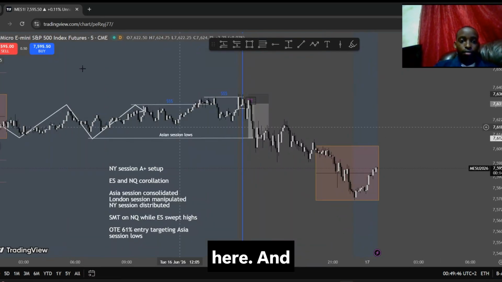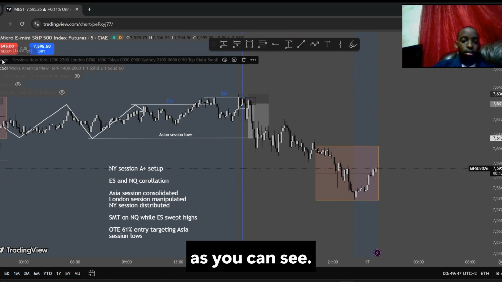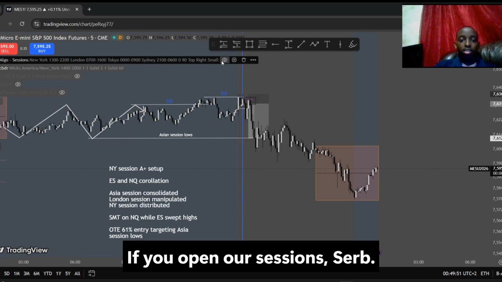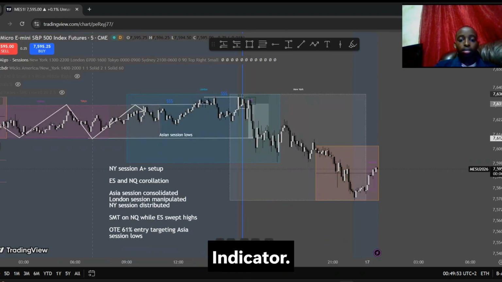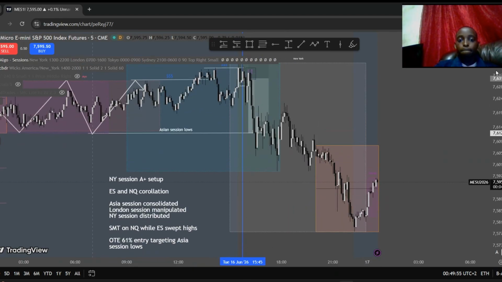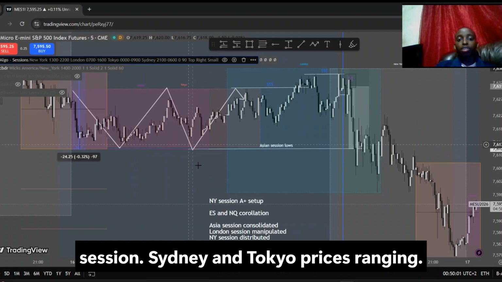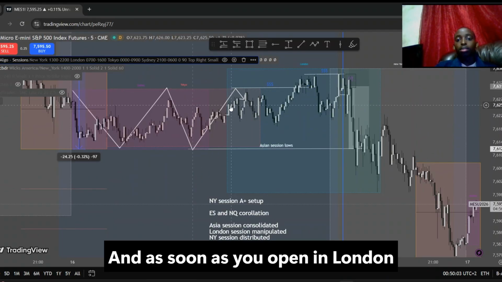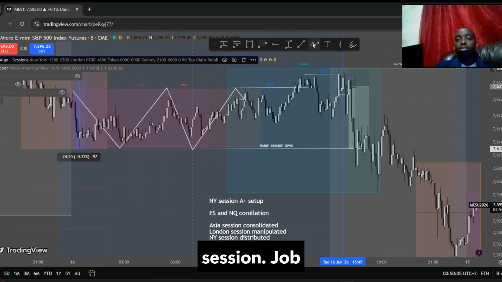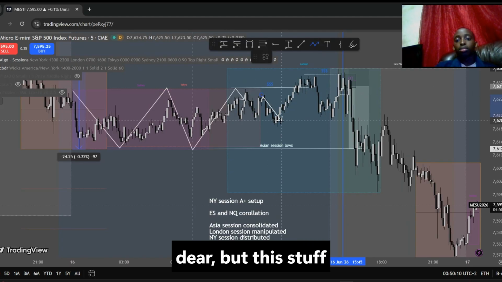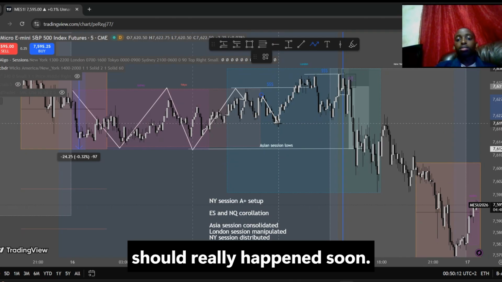As you can see, if you open our session tab indicator, you can see that this is the Asian session, Sydney and Tokyo. Price was ranging, and as soon as we opened the London session, which we opened here, this is when stuff really happened.